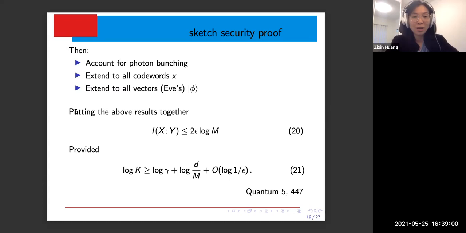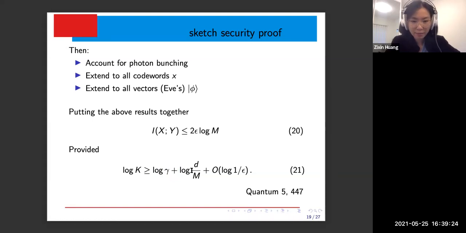When you put the above results together, we do end up bounding the mutual information between Alice and Eve to be smaller than 2 times epsilon times the number of bits transmitted, provided that log of k is larger than log of gamma plus log d on m.